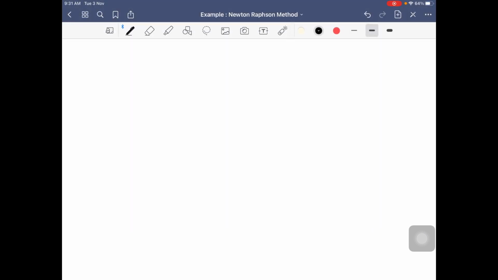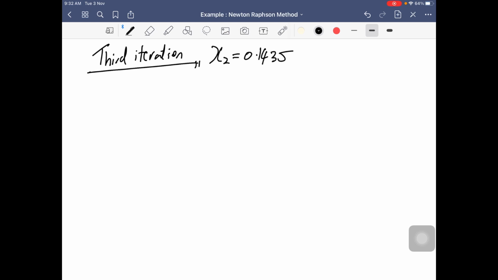Okay, we cannot stop here because we require 3 iterations. So let's continue with our third iteration. We will use the information from x2, 0.1435.